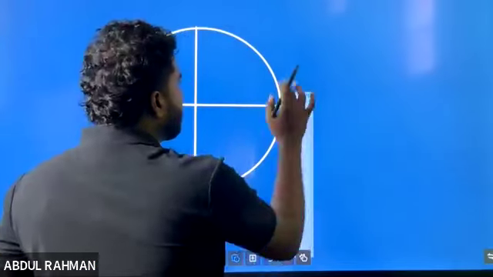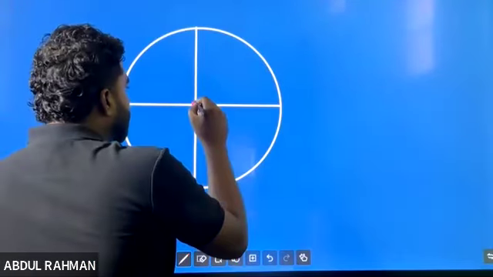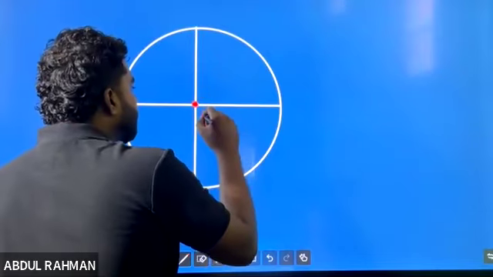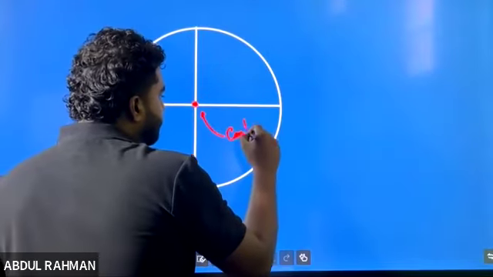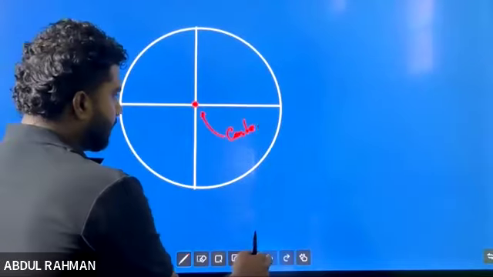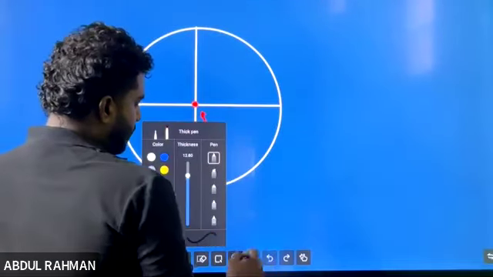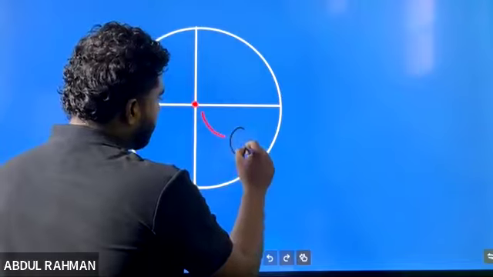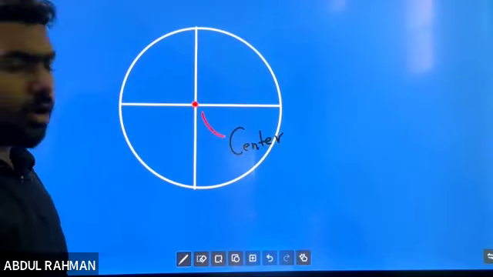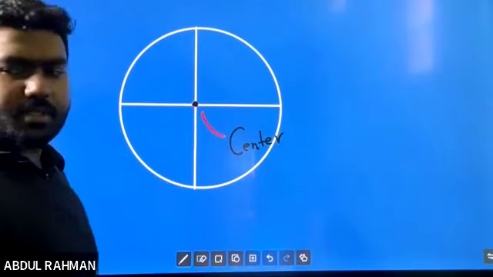Always remember, you have studied in grade 6 that a circle will always have a center. I'll write it using a different color. Center of the circle. Always this is the center of the circle, where you draw it using your compass.